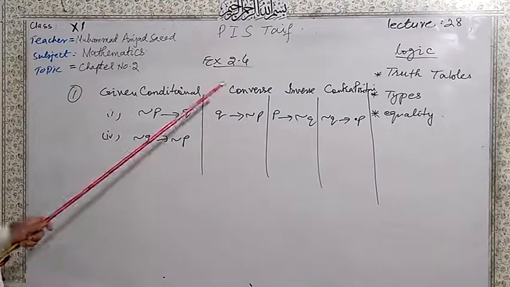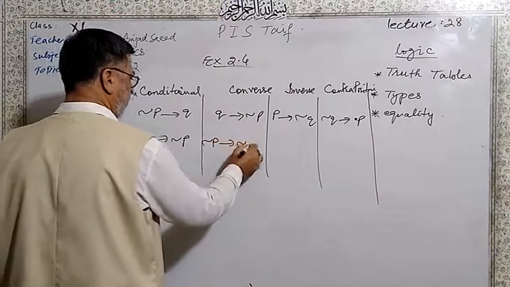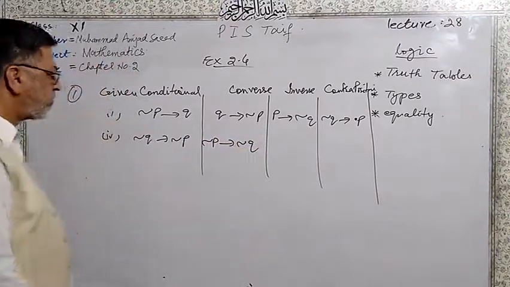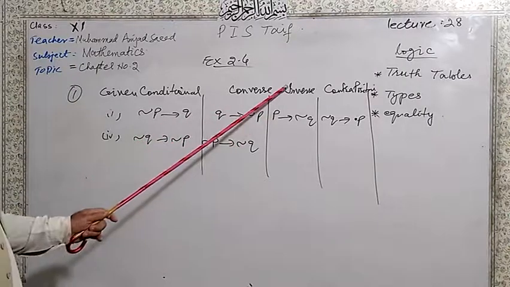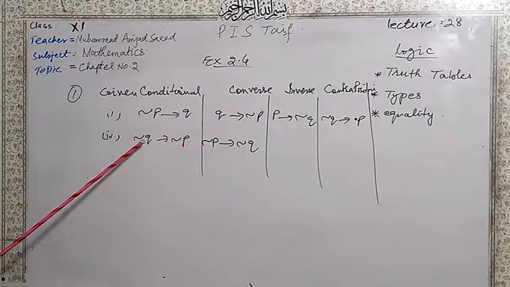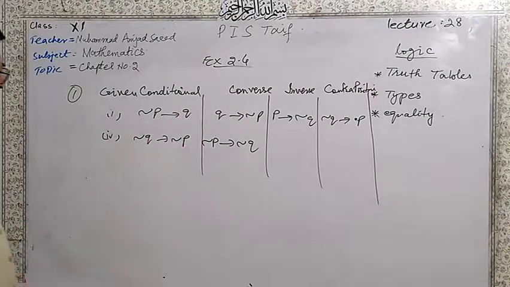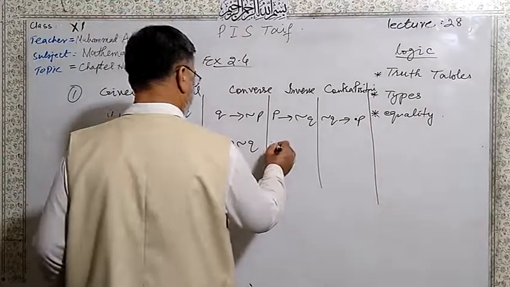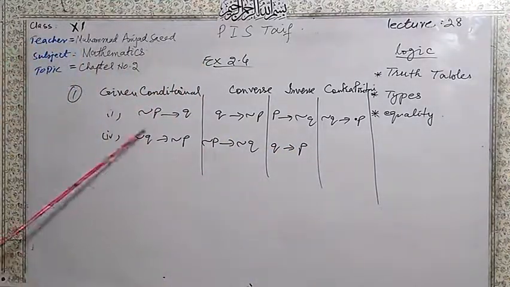So in case of converse, change the positions: not P to not Q. After that, inverse says you have to apply not on both sides, so it will be Q to P. Minus minus plus.